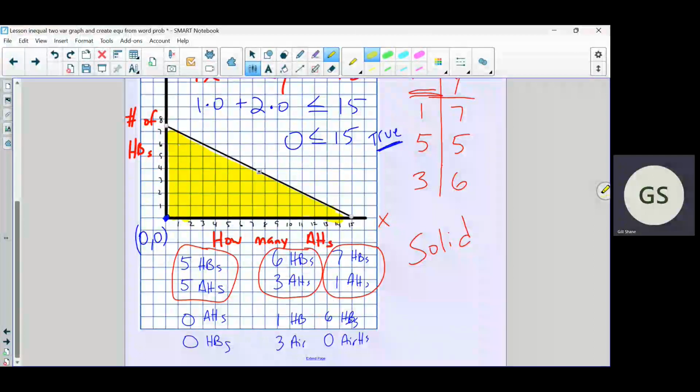I was going to do a whole new graph and show you exactly what the question, I'll do that on Friday. So I'm going to give you a graph. It's all completely done. And I'm going to say, circle the values, circle the ordered pairs, circle the solutions, or circle whatever that are solutions to the inequality.